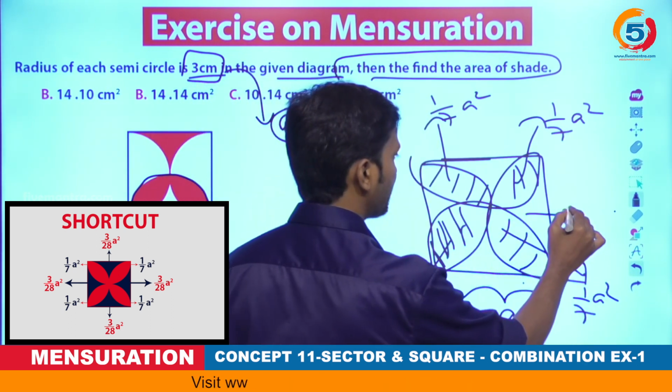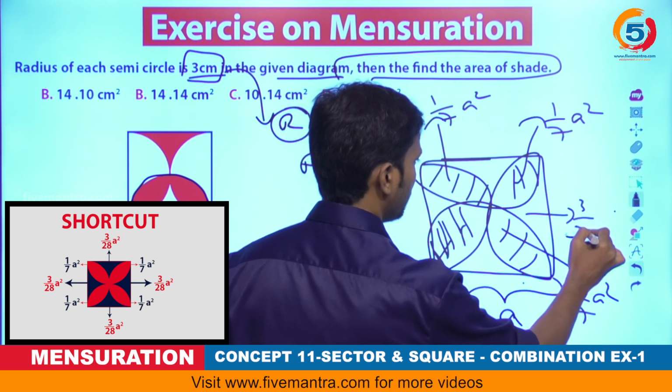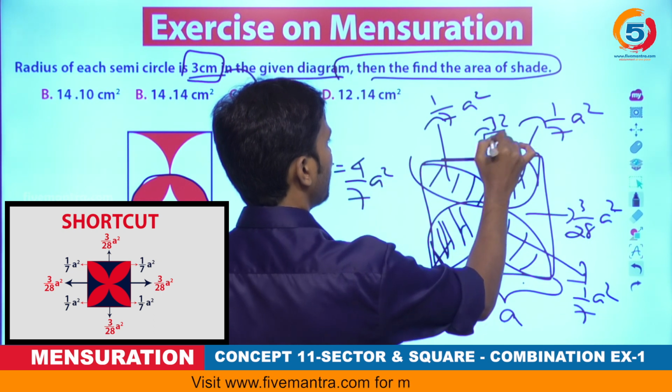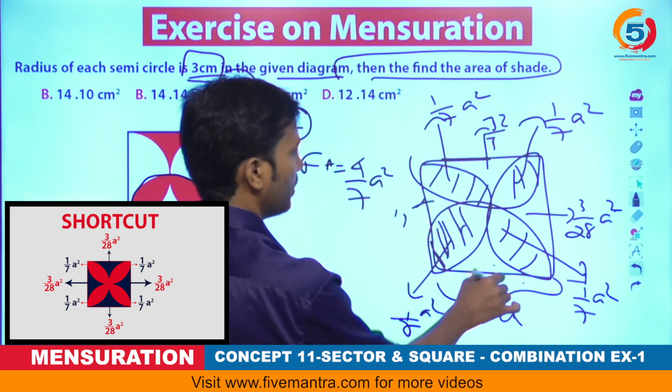And each gap is carrying how much? 3 by 28 a square. Likewise, all the same.